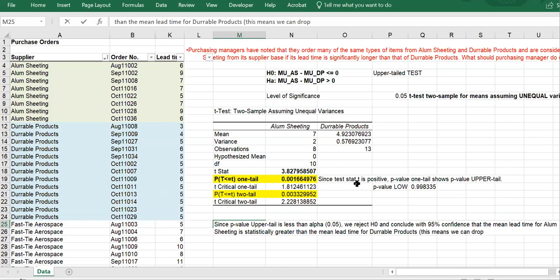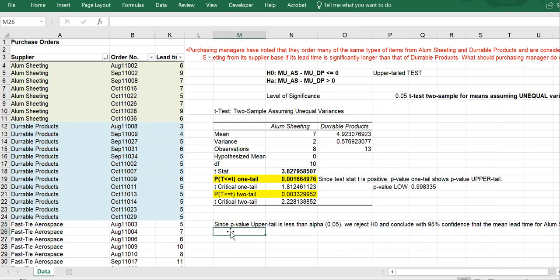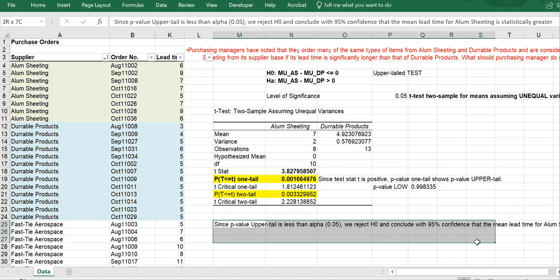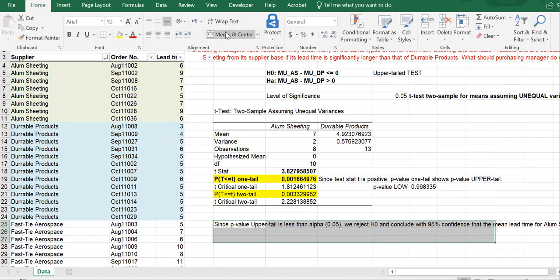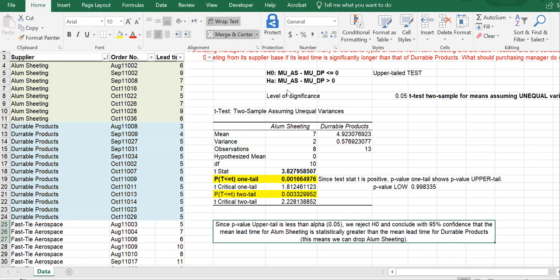Our statistical test is suggesting that we can drop aluminum sheeting, but if you're really doing business with these suppliers, you may want to consider a larger sample. You may want to consider other important factors before you make such an important decision.